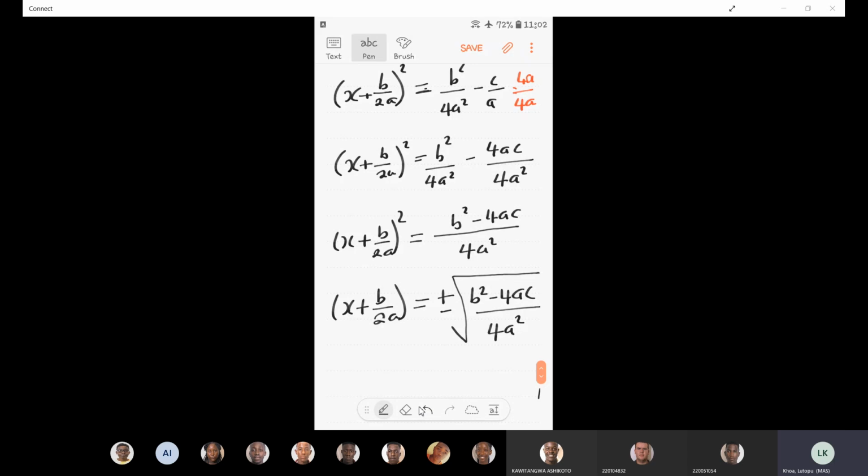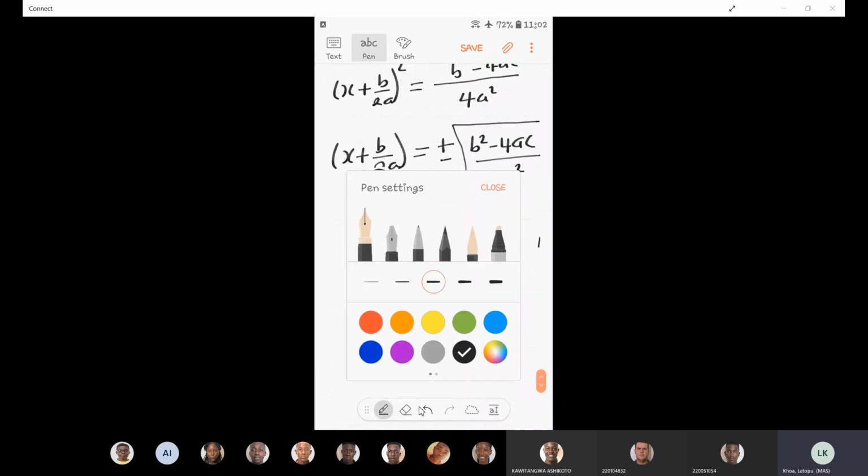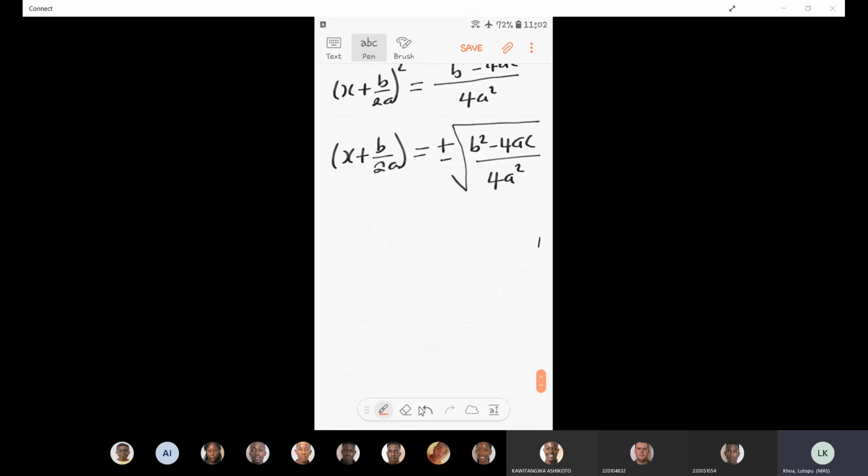Now, remember from your indices, we say that the square root of x over y is the same as the square root of x over the square root of y. And then I'm going to use this same principle over there. I put the numerator under its own square root, the denominator under its own square root.